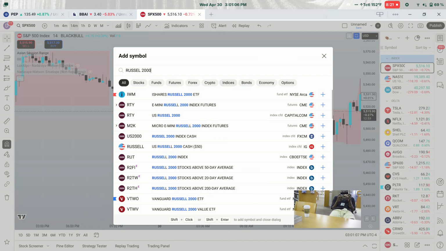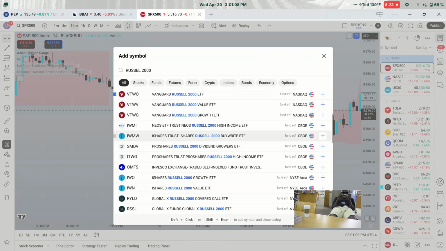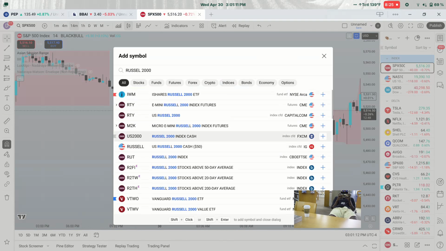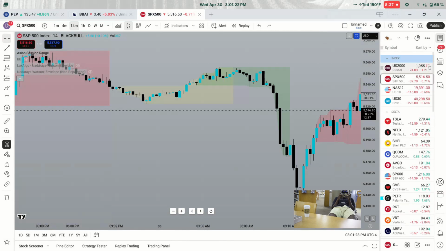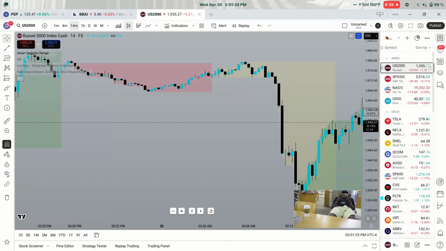Let's see if US 2000 represents it. Okay, what a great representation. Boom. So now we should be good. We've got the small cap Russell 2000, the S&P 500 largest companies, the NASDAQ 100, and the Dow 30.